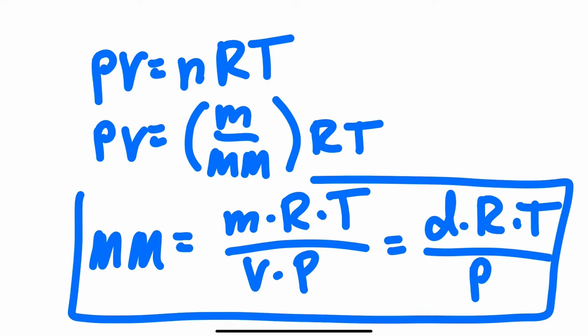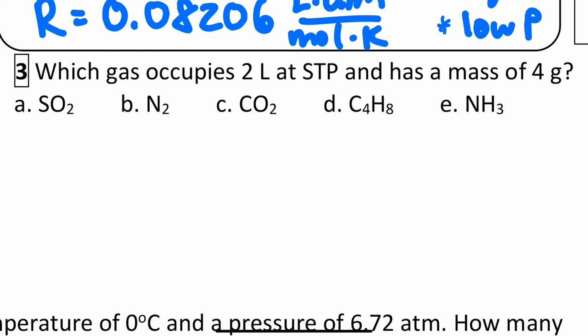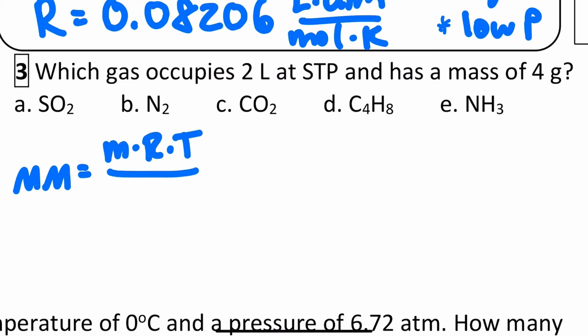That's the same as the ideal gas law, but it uses the molar mass and relates it to the density of a gas. So if we go back to this question, which one occupies this volume at STP with this mass? We're actually being asked to solve for the molar mass. So the molar mass we just saw is the mass of the gas times the gas constant times the temperature all over the volume times the pressure.